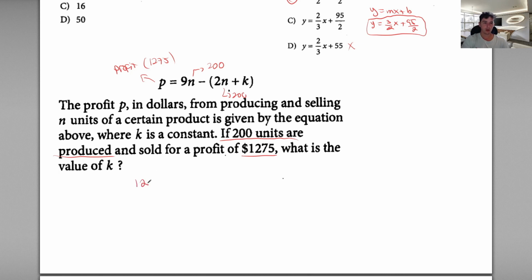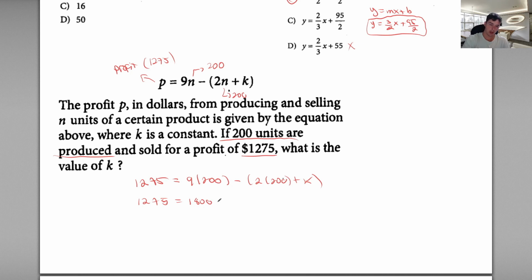So 1,275 as P equals n times 9 times 200 minus 2 times 200 plus k. So 1,275 equals 1,800, right? Just make sure.